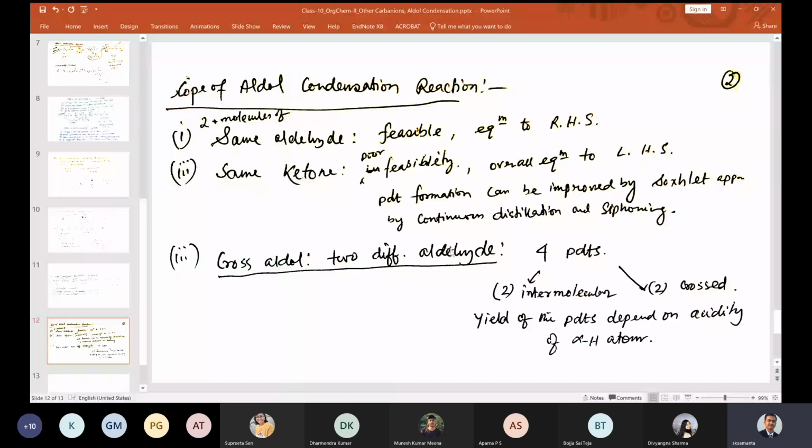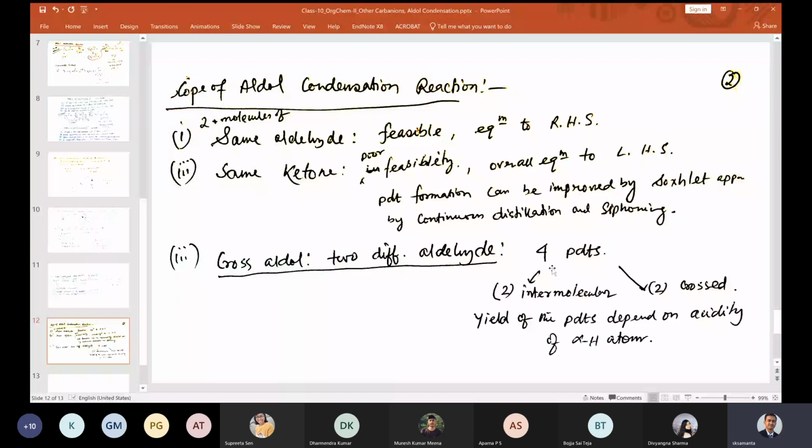There are two different aldehydes, let's say aldehyde A and aldehyde B. Aldehyde A can react with aldehyde A, and aldehyde B can react with aldehyde B. These are the same intermolecular reactions, and that will give two products. And then you have two crossed products: aldehyde A can react with aldehyde B, and aldehyde B can react with aldehyde A's aldehyde part. So you have two crossed products. That is how you have four products.